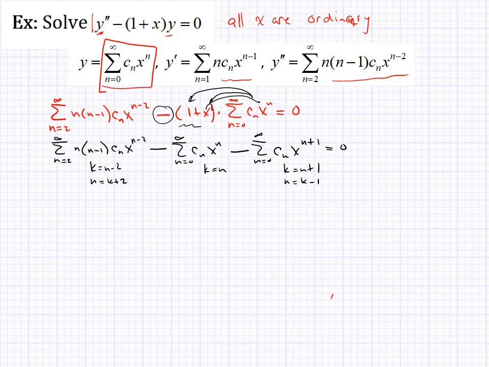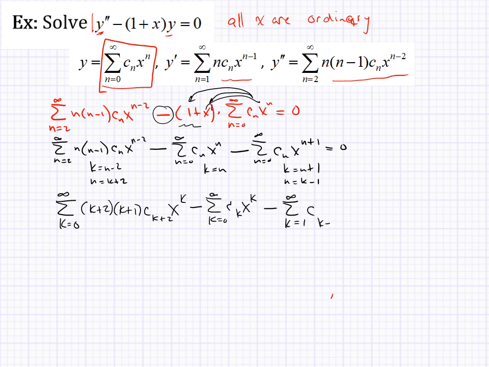All right, so what do we got next? We got the sum of k equals 0 to infinity of k plus 2 times k plus 1 c sub k plus 2 x to the k, minus the sum of k equals 0 to infinity of c sub k x to the k, minus the sum of k equals 1 to infinity of c sub k minus 1 x to the k equals 0.